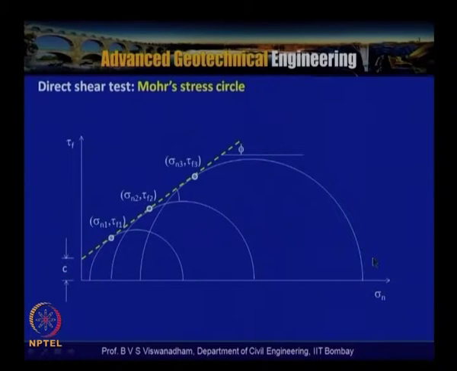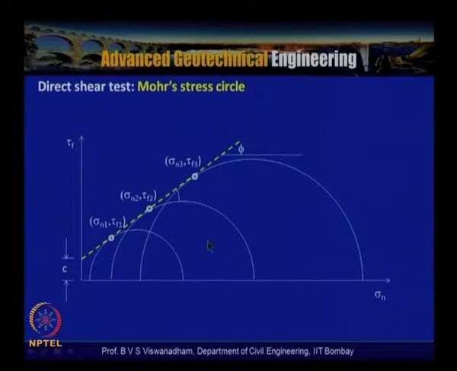And so like this, when we do different normal stresses and register tau f1, tau f2 and tau f3, the failure stresses, you can draw these Mohr circles. The line joining parallel to this one indicates the failure plane, and where it meets at the point, say P1 here, that is called the major principal plane inclination, and when it is joining to this particular point, that is called the minor principal plane.